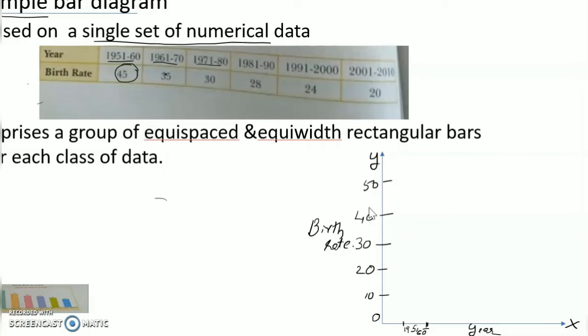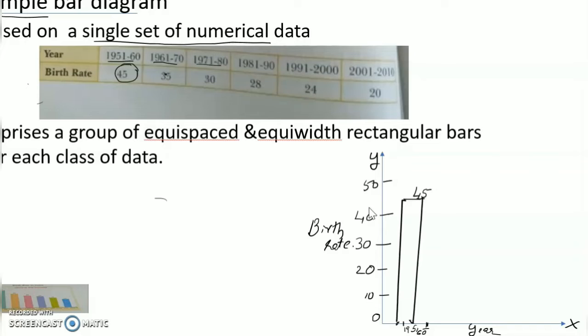For easiness I am drawing it roughly, because my measurements are not correct. When you are drawing with scales, then you can draw it clearly. This is between 1951 and 60, and we have to write here 45.